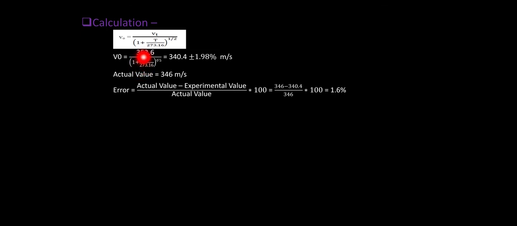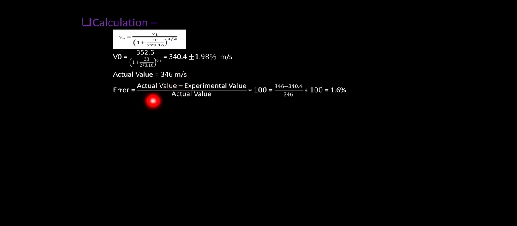We have put in all the data, and we have got this much velocity of sound in air if the temperature is 0 degrees centigrade. But the actual value is 346 meter per second.